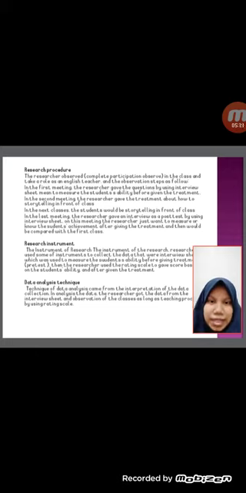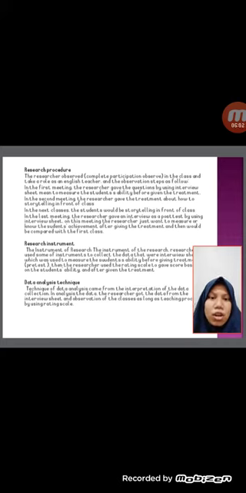In the second meeting, the researcher gave the treatment about how to do storytelling in front of the class, and in the next class the students will do storytelling in front of the class. In the last meeting, the researcher gave an interview or post-test by using an interview sheet.